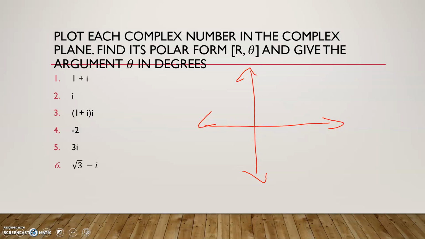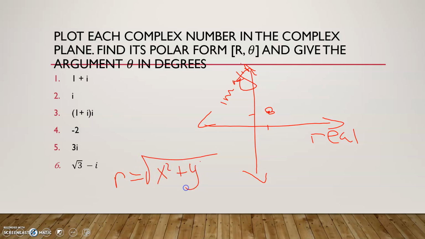Remember when we're graphing that this is our real axis and this is our imaginary. So our real is at 1 and our imaginary is at 1 also. So there's that point there. Next, in order to find it in terms of r and theta, we know that r is equal to the square root of x squared plus y squared, where x and y are the coefficients of my number.